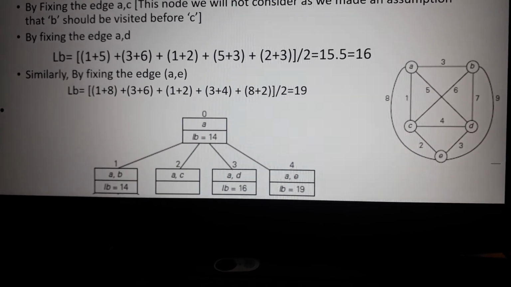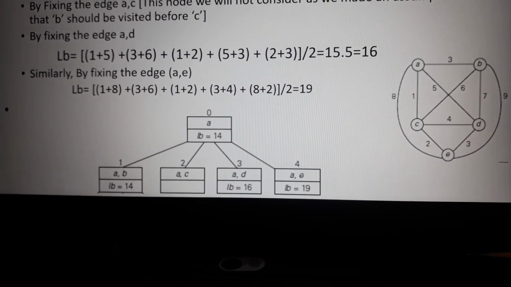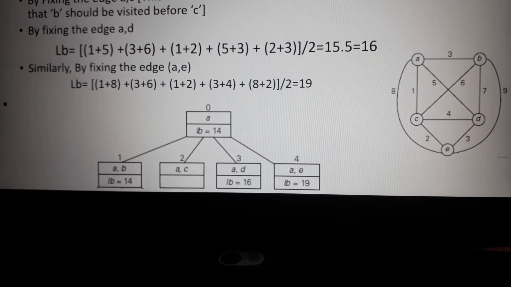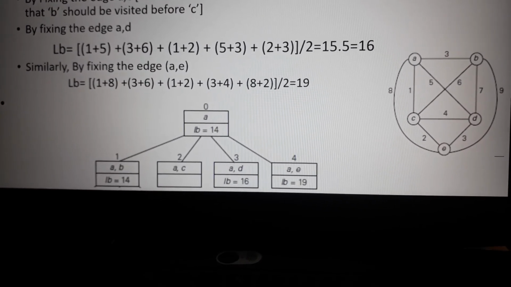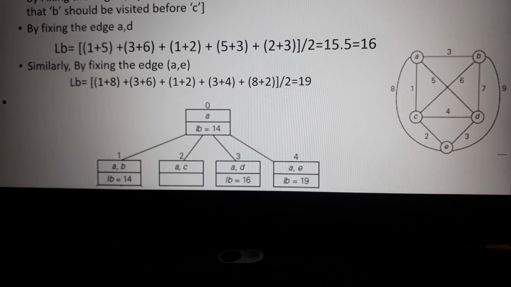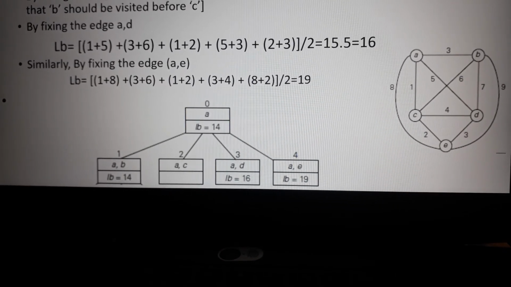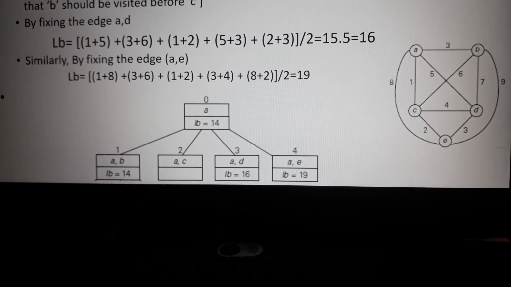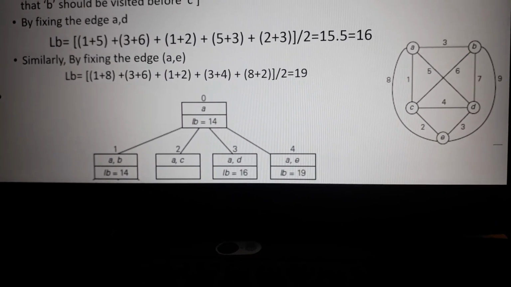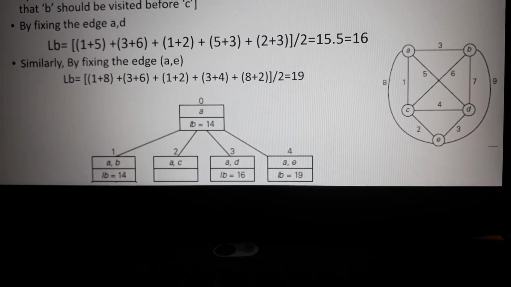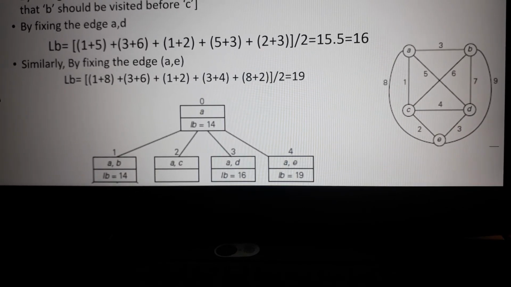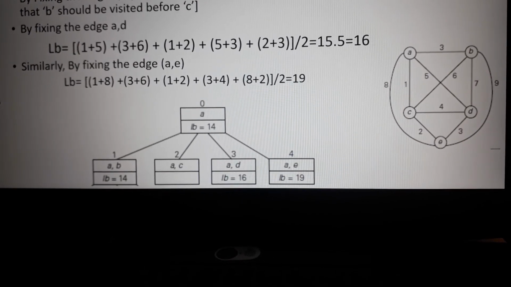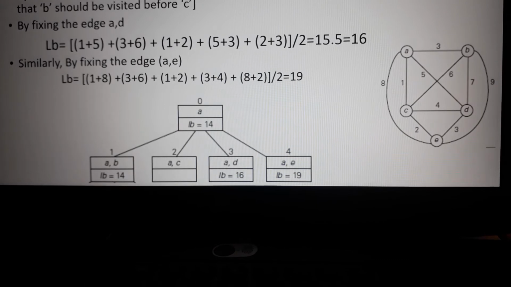Similarly, by fixing the edge AE, the cost of AE, that is 8, is considered now. So, the lower bound is equal to the two minimum cost edges, where one is fixed, AE, that is the cost 8, plus the other minimum cost edge, 1. So, 1 plus 8, plus from the city B 3 plus 6, from the city C 1 plus 2, from the city D 3 plus 4, and from the city E, as AE is already fixed, we have to consider EA.